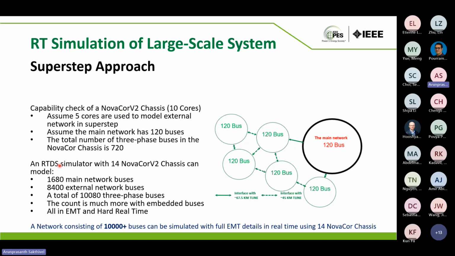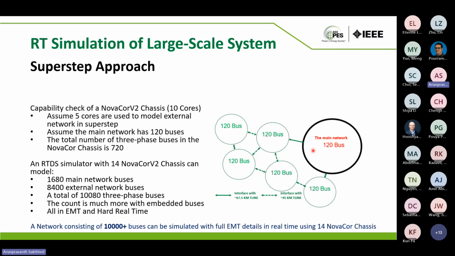So considering a simulator with 14 such NovaCore chassis, we can model up to 8,400 external network buses and 1,680 main network buses, which gives us a total of around 10,080 buses to be modeled in a large-scale simulation.